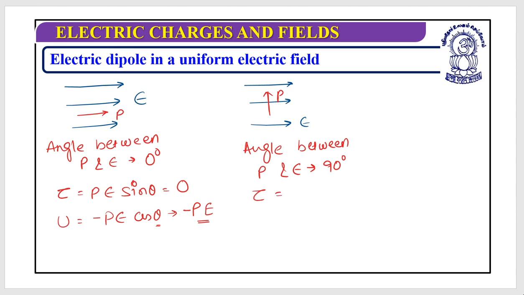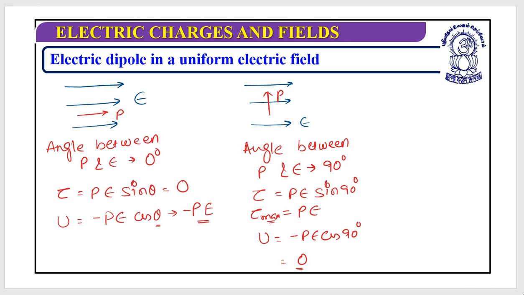What is the torque? It is PE sine 90, and sine 90 is 1. This is the maximum torque, torque max. And the potential energy is minus PE cos 90, which is 0. This is the second case.